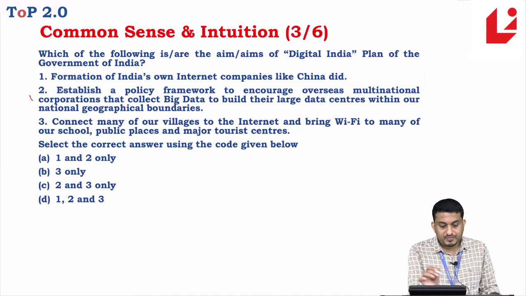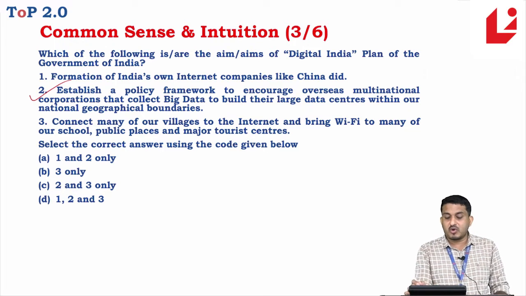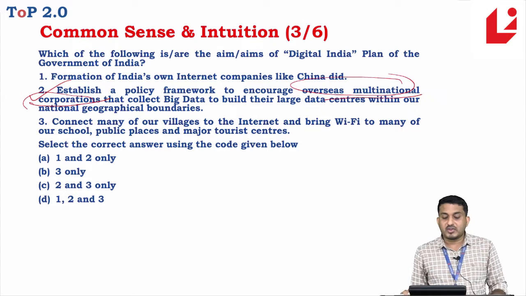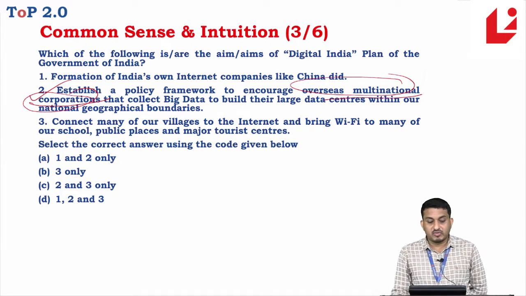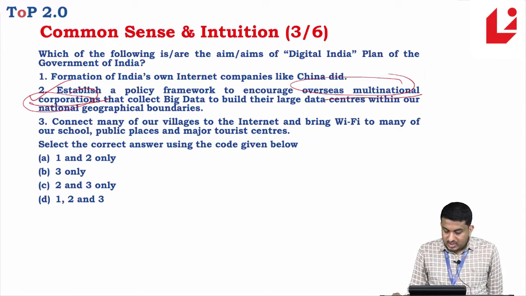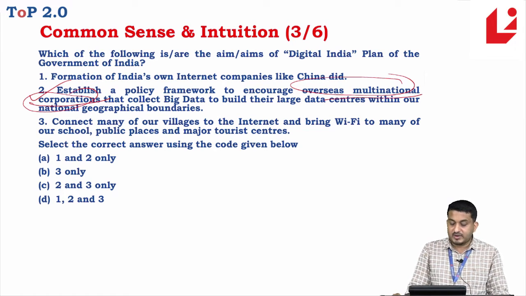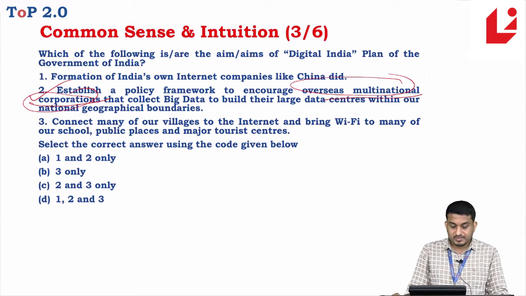Read statement 2. Establish a policy framework to encourage overseas multinational corporations that collect big data to build their large data centers within our national geographical boundaries. Overseas multinational corporations as a part of our Digital India plan doesn't seem correct.